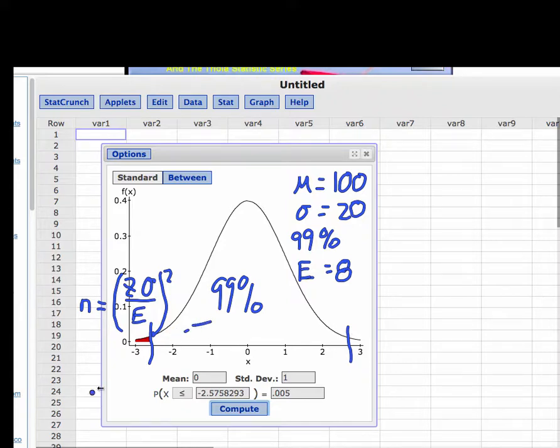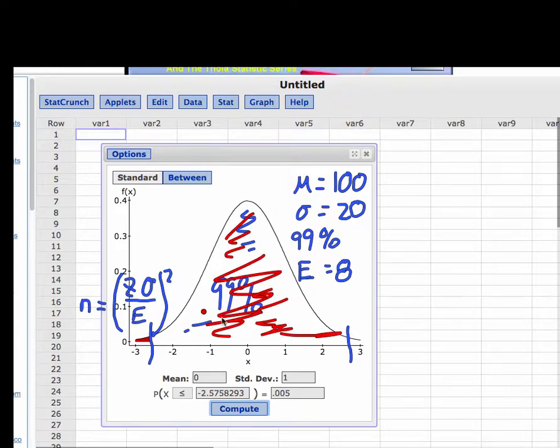So this area that I'm shading here would represent 99% of the distribution. If that's the case, then we would need 0.005 here. That's why we typed in this 0.005.